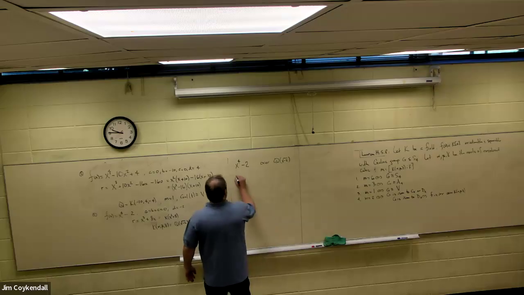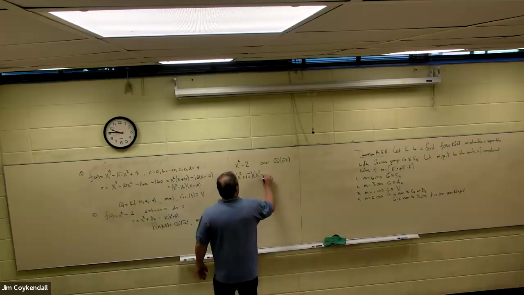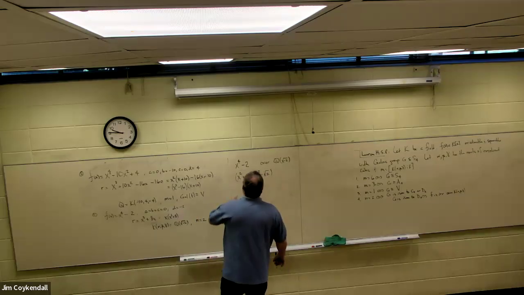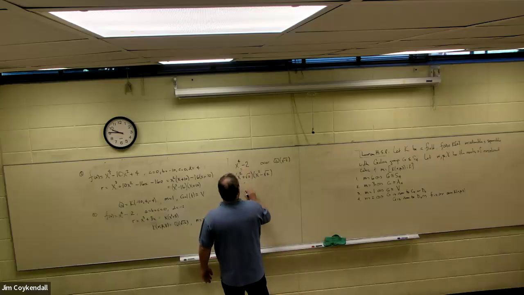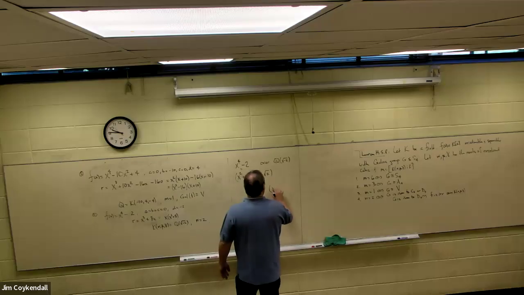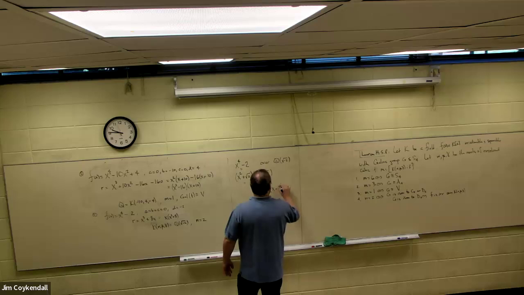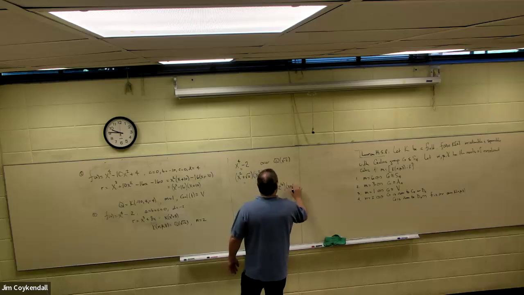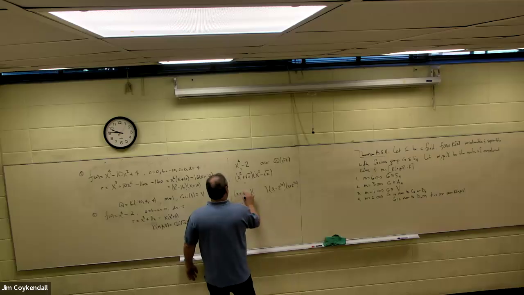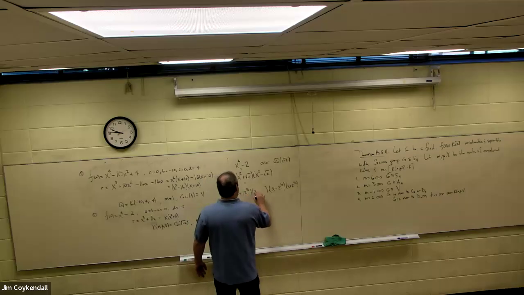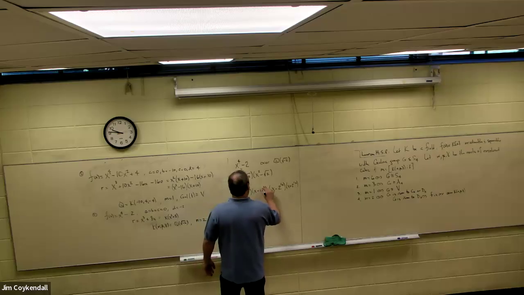I can factor this all the way down over this splitting field: x minus 2 to the 1/4, x plus 2 to the 1/4, and this is x plus i 2 to the 1/4, x minus i 2 to the 1/4.